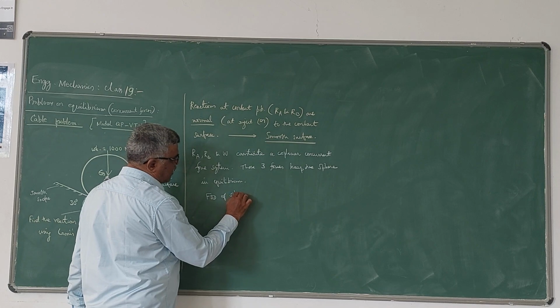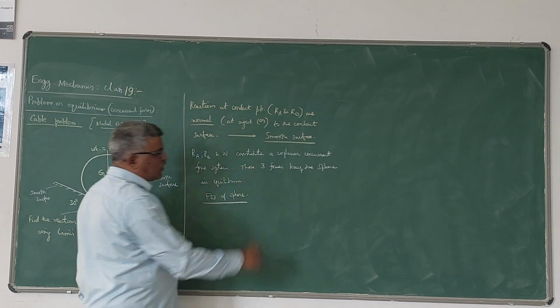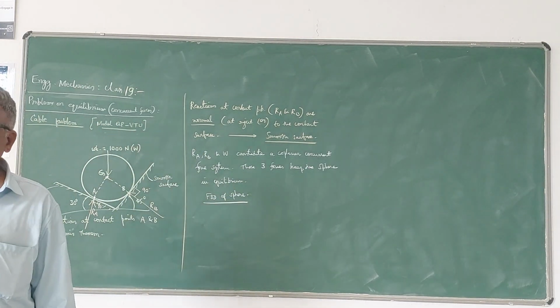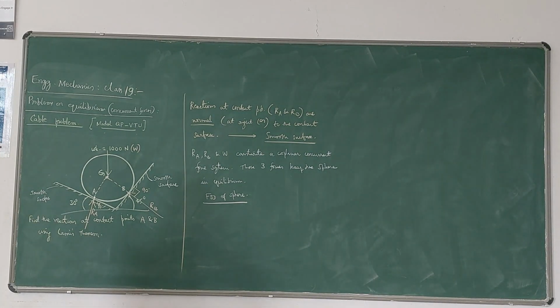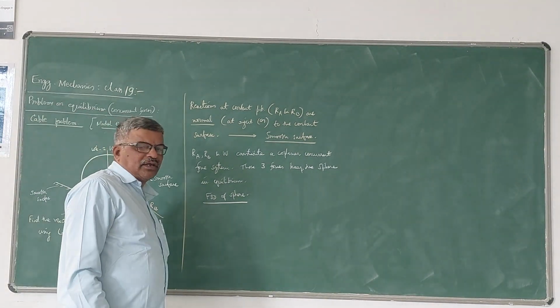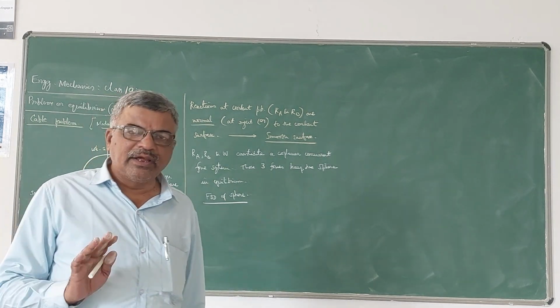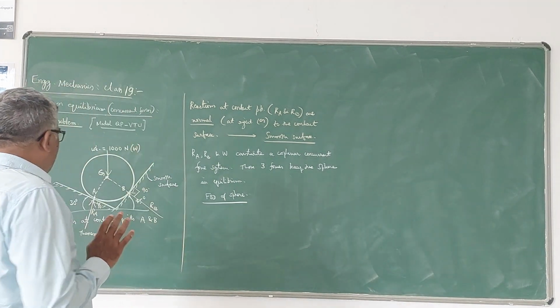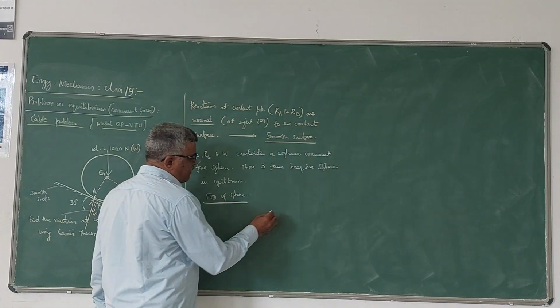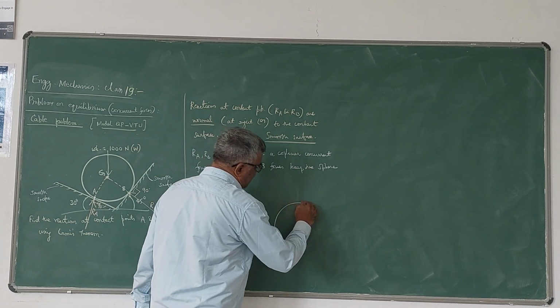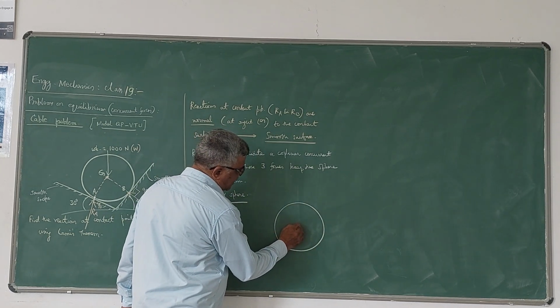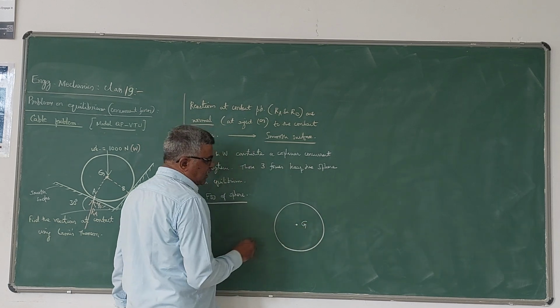If you want to write the free body diagram of the sphere, we have to remove the contact surfaces, replace them by the respective reactions, and also include the weight of the body, then you will get the free body diagram. Now if I take the sphere like this, the center of gravity is G, the point of concurrence.